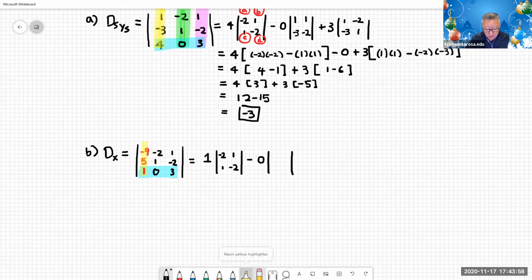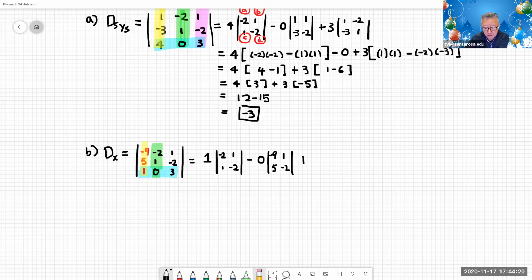And if I use the green one here, down here, this one, then you have minus 9 and 1, and 5 and minus 2. It's not going to make any difference because of the 0. You're going to multiply by 0, right?